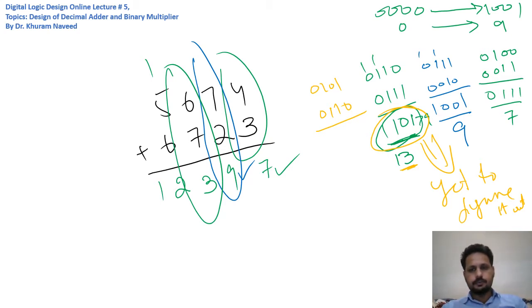In this case, the carry is either 0 or 1. In previous additions, the carry was 0, and the BCD of 0 is 0000, so it is like we completely ignored it. But here we have carry 1, and in this case we will have this BCD 0001.